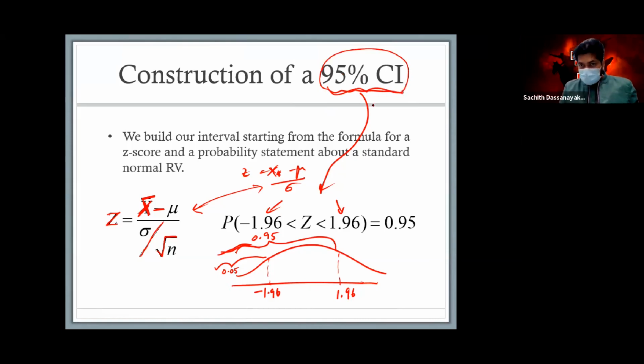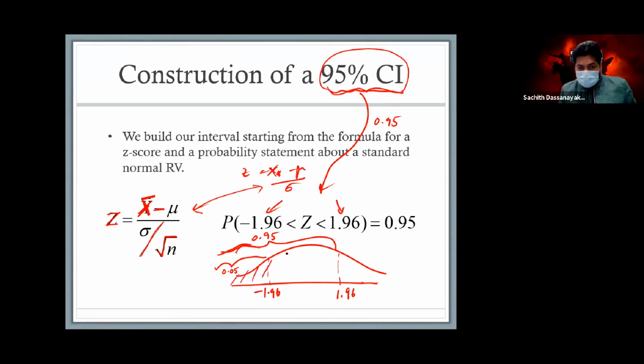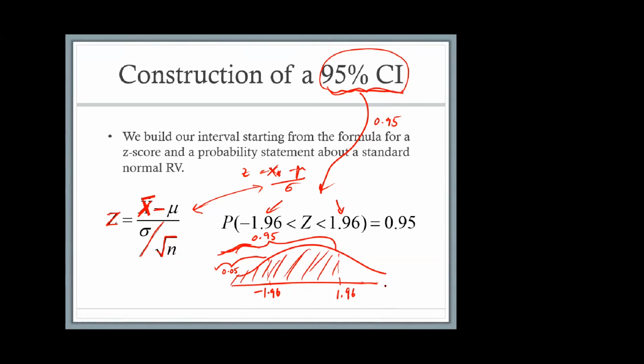Since we are talking about a 95% confidence interval, or confidence level, it is 0.95 in probabilities, right? Once you check the area under the standard normal curve, 0.95, you will get 1.96.